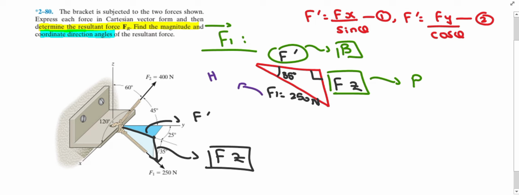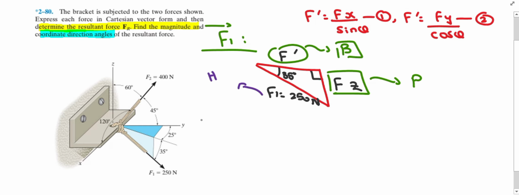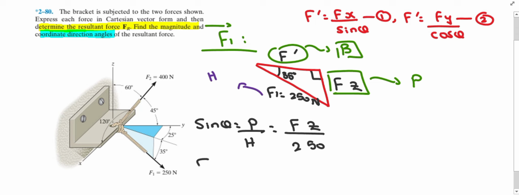So again apply the sine theta and cos theta function here. So sine theta is equal to perpendicular upon hypotenuse. The perpendicular in this case is basically Fz, and the hypotenuse is nothing but the 250 newton. Okay, so this one becomes Fz is equal to 250 into sine of theta, and the theta in this case is nothing but the 35 degrees.